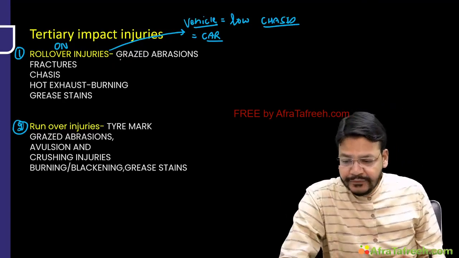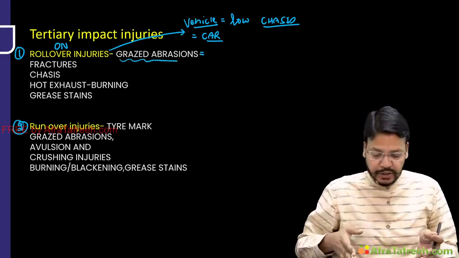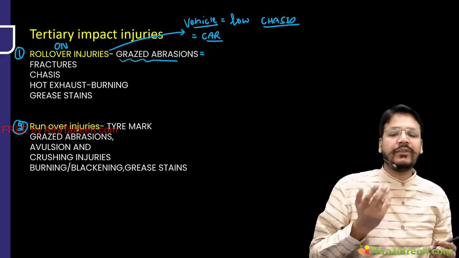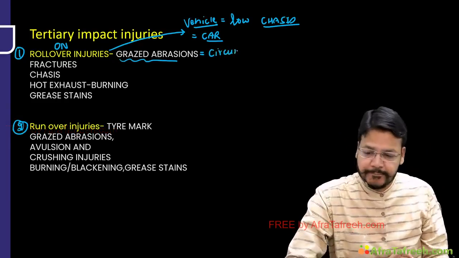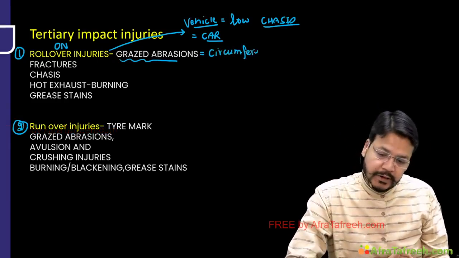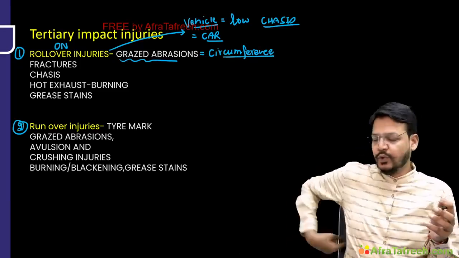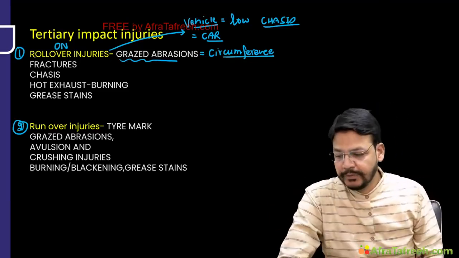Okay. So my dear friend, the most characteristic will be grazed abrasion, because while you are rolling on, there will be grazed abrasion which is seen on the circumference. Circumference means all around the circumference will show the grazed abrasion. Multiple grazed abrasion.